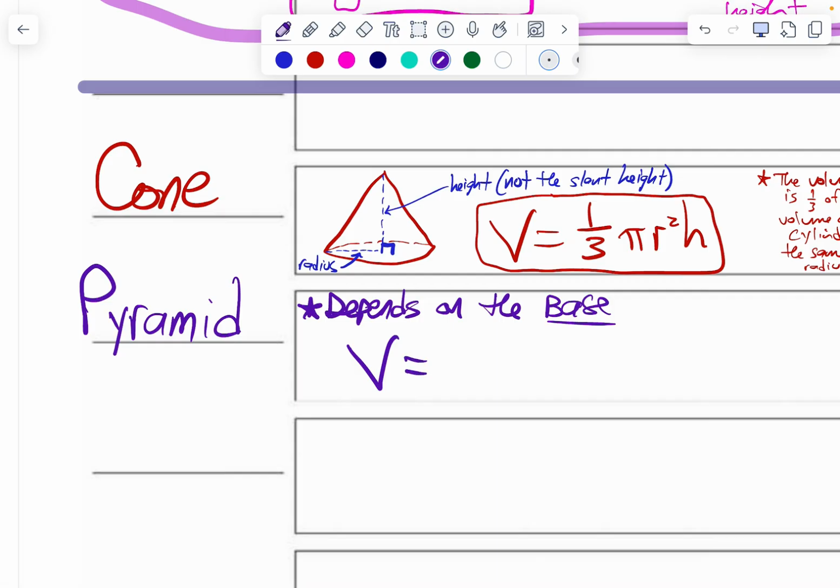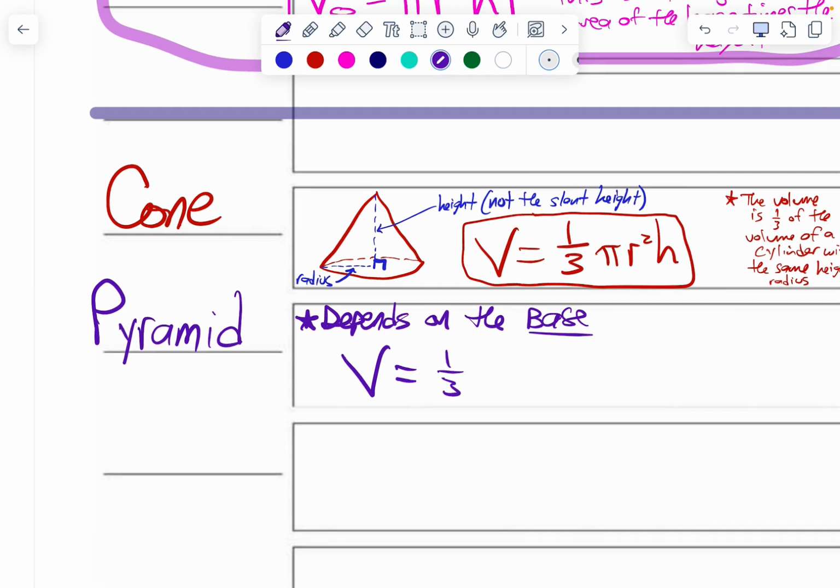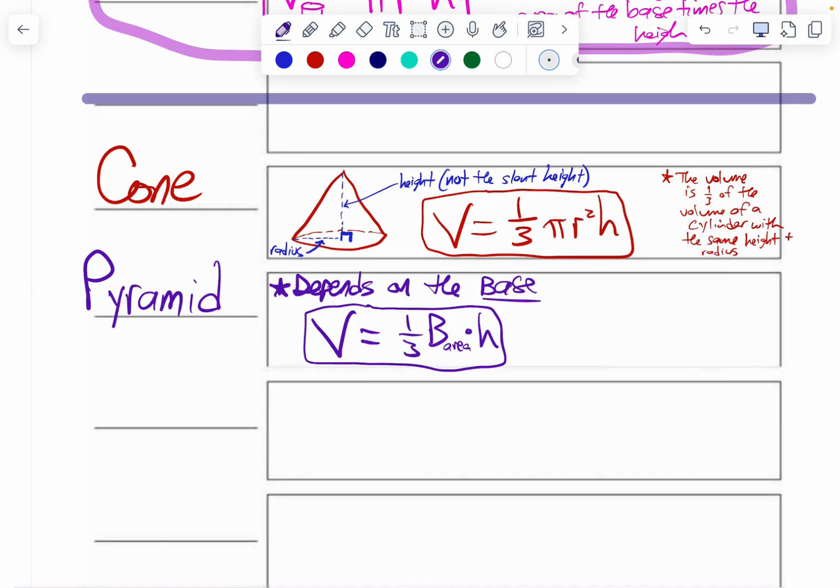But the volume is always going to be 1/3, and then it's just the volume of the prism. If you remember what that was, it was the area of the base times the height. So that looks different based on the shape of the base.